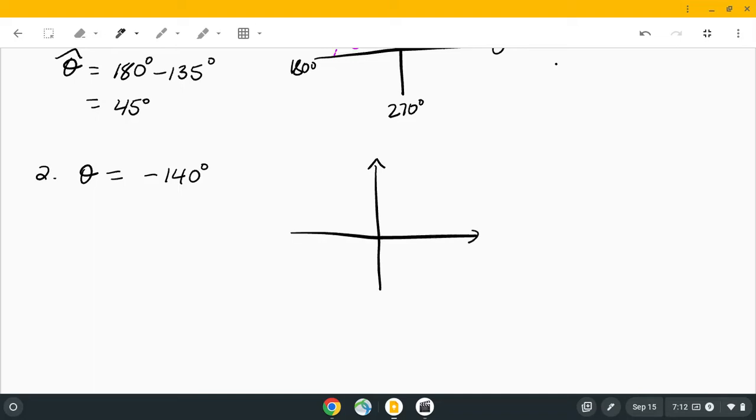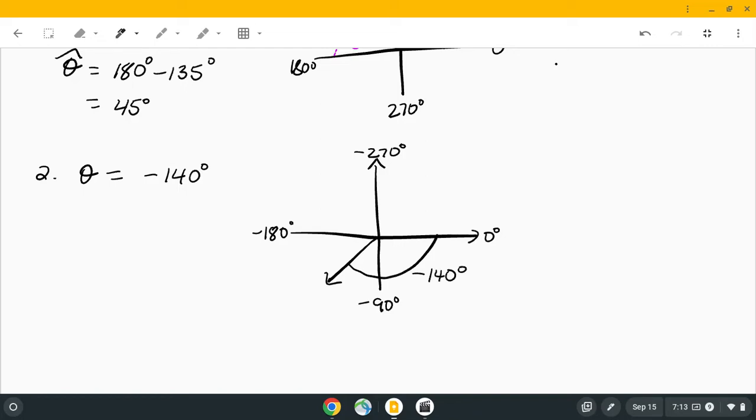We have 0 here, negative 90 here, negative 180, and negative 270, because negative angles go clockwise. So negative 140 is in quadrant 3. We are over here, and this is negative 140.